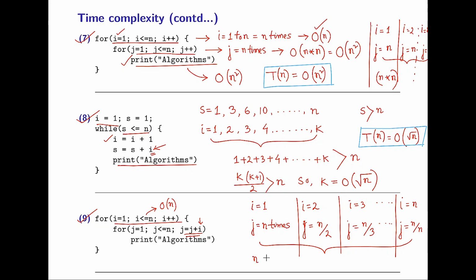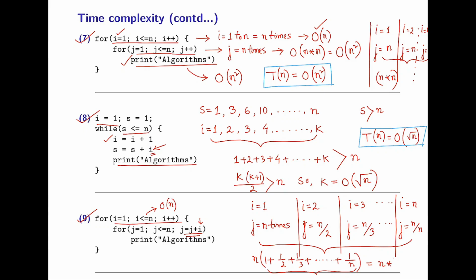If I take n common, it will be 1 plus 1 by 2 plus 1 by 3, and so on, plus 1 by n. So what is the sum? n into this thing, which is nothing but log n.